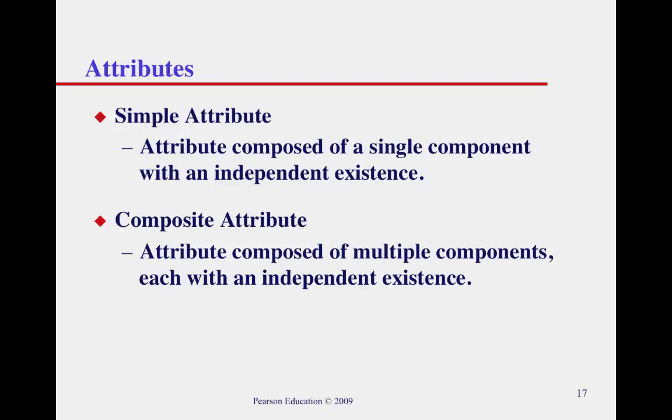So we have talked about simple attributes, but you may also have a composite attribute, and that's an attribute that actually can be decomposed into multiple attributes. As an example, name. You might talk about name as a composite attribute, but really it may consist of a last name, a first name, and a middle initial. So name would be considered a composite attribute. You might think, well, why not just talk about the individual attributes? Well, that's not really right.